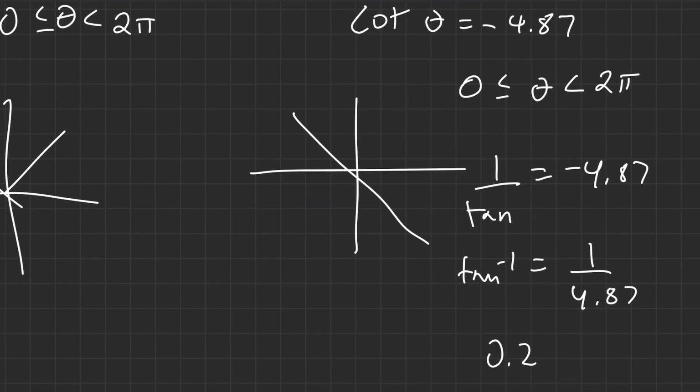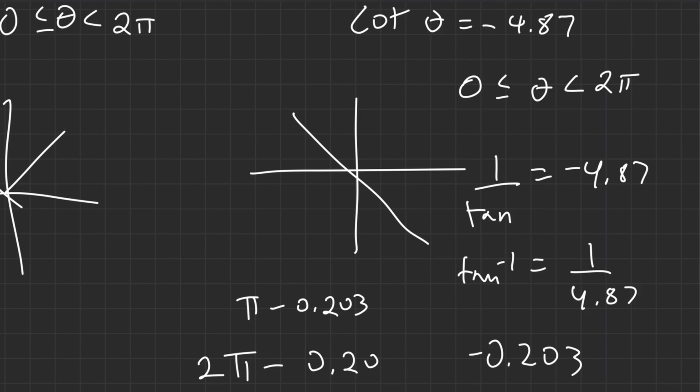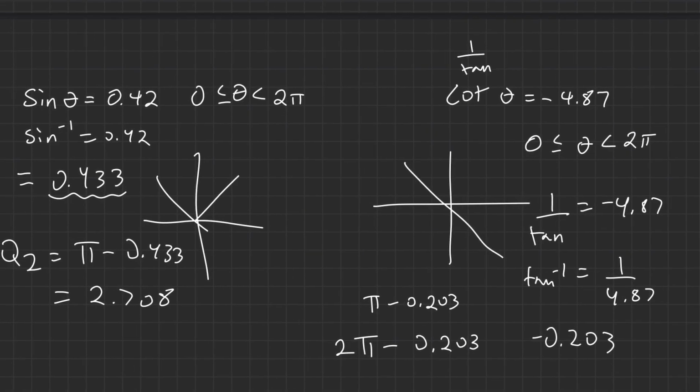We'll get 0.203. So then that's our reference angle. So now we can go and solve it, and we'll get pi minus 0.203, and then 2 pi minus that. Okay, hope that makes sense.